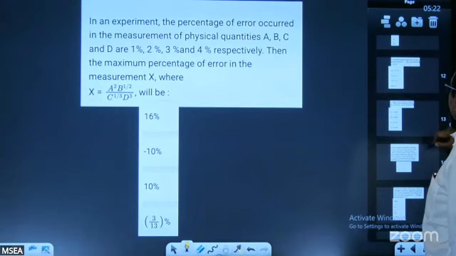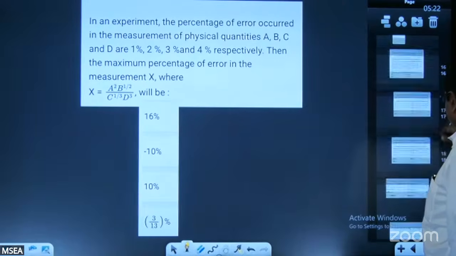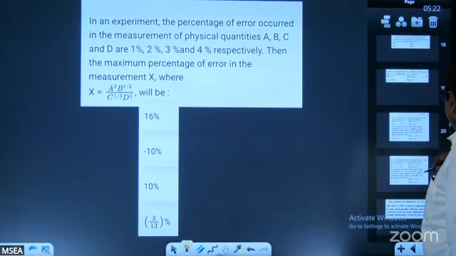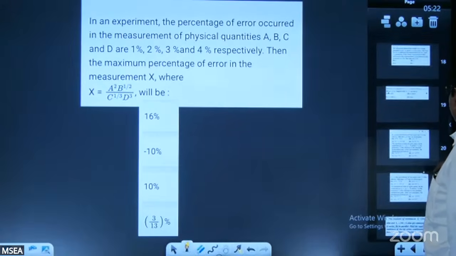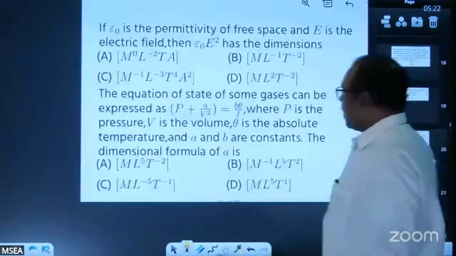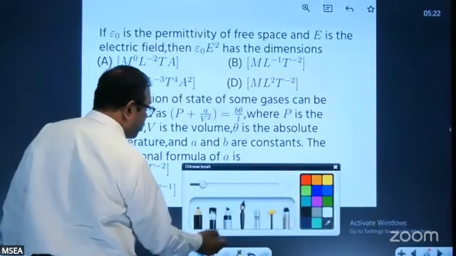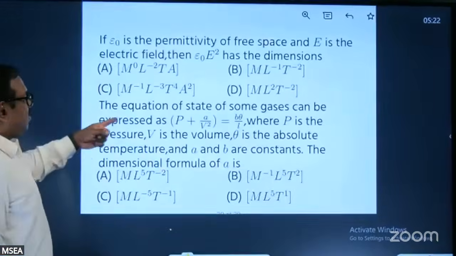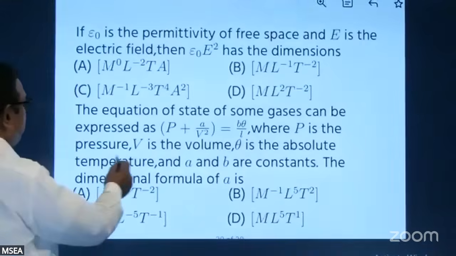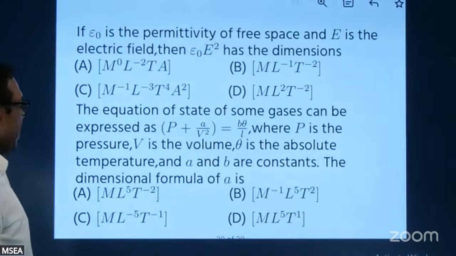It is asking about the equation of state. The equation of state of some gases can be expressed this way, where P is the pressure, V is the volume, theta is the absolute temperature, and A and B are constants.